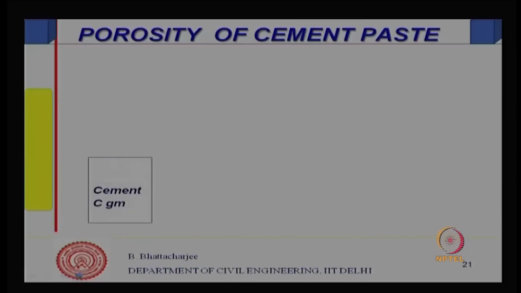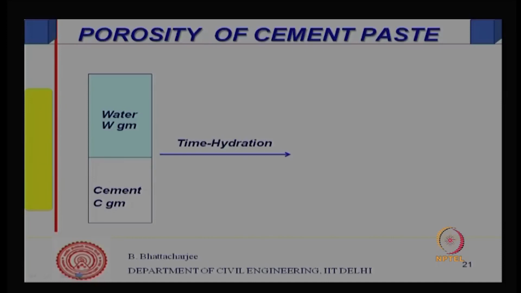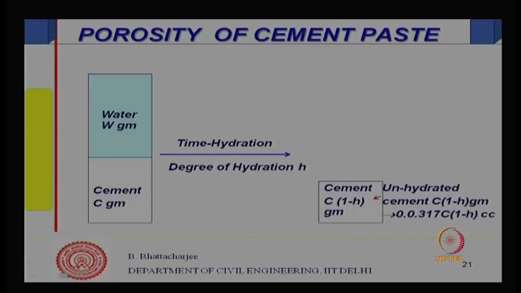Schematically, it will look like this: cement C grams, water W grams, and after some time, degree of hydration H. Now, unhydrated cement remaining is C into (1 minus H) grams, and its volume is approximately 0.32 C (1 minus H) cc. This is the unhydrated volume.